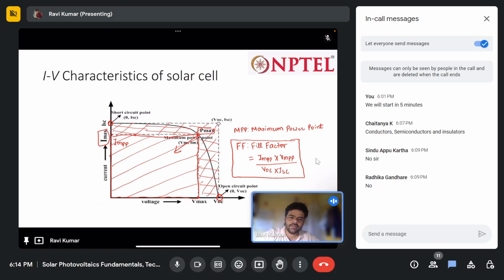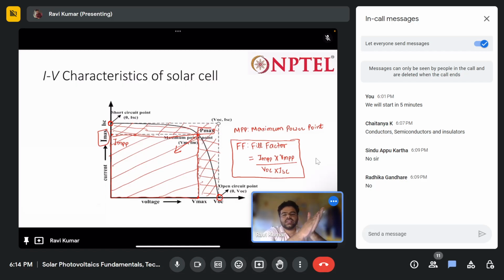So there might be some kind of defects or degradation in the solar cell. We will see what those defects and degradation are and why the maximum power point drops. Okay, let's move forward.